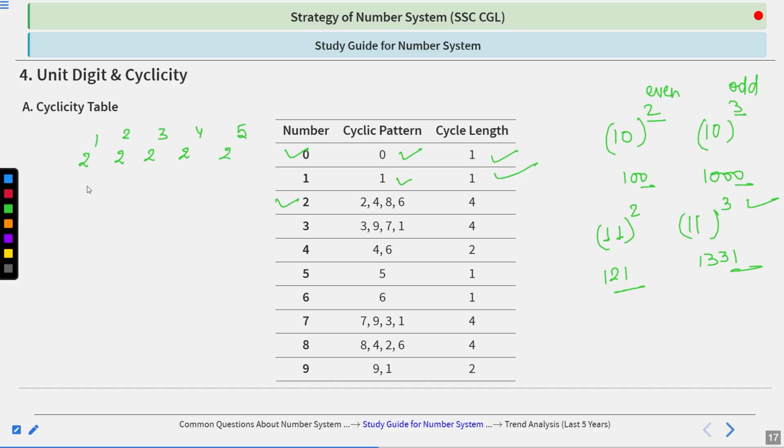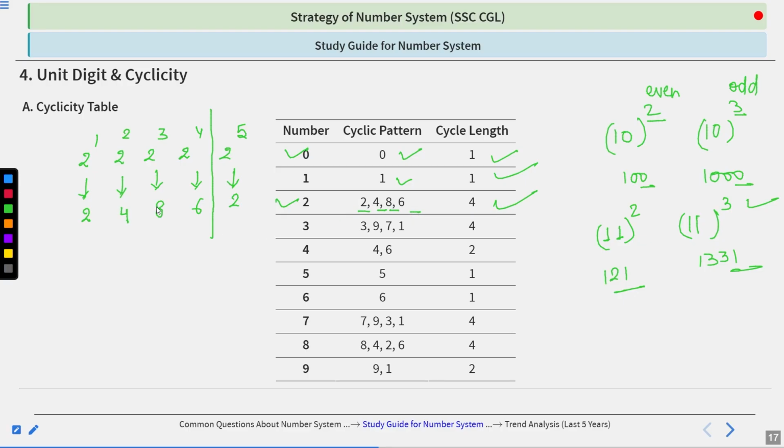For power 1 we get 2 at the unit place, for power 2 we get 4, for power 3 we get 8, for power 4 we get 6, and when the power becomes 5 we get 2 again. It means after 4 powers, the unit digit of 2 repeats itself. So the cyclic pattern is 2, 4, 8 and 6 and the cyclic length is 4.